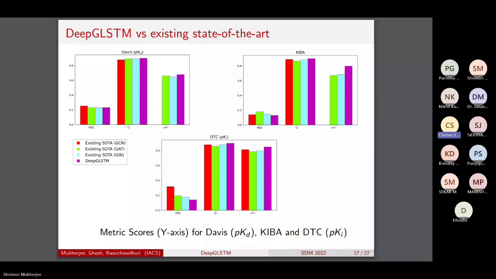The datasets are in such a way that there is a protein structure and a drug molecule and some value associated with that couple.